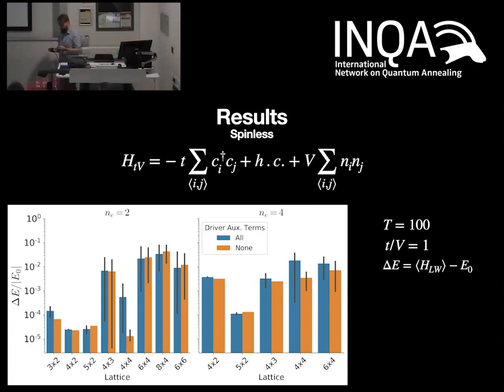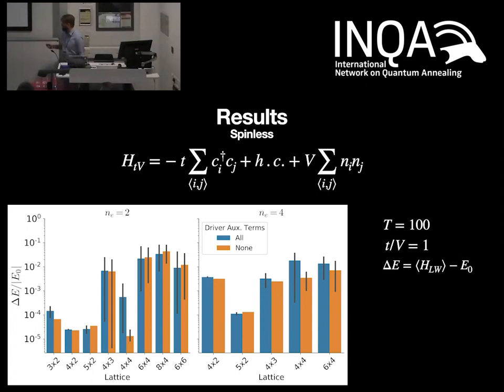Since these problems are already complicated enough that you cannot do too many analytical investigations here, we mostly employ numerical analysis, and we scan different lattices, only restricting to rectangular lattices, where we were growing the system size up to 6x6 for the spinless case. We looked at the performance of our annealing protocol with total time equal to 100 units, and T and V, the parameters of that Hamiltonian, being 1, where in this plot we looked at the difference between the final state after the evolution and the true ground state.